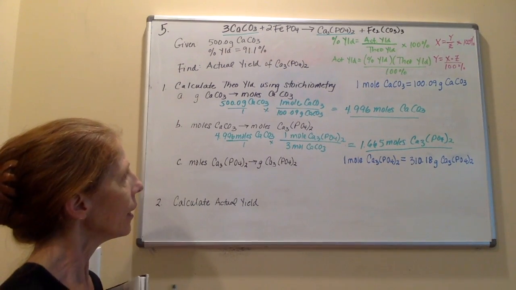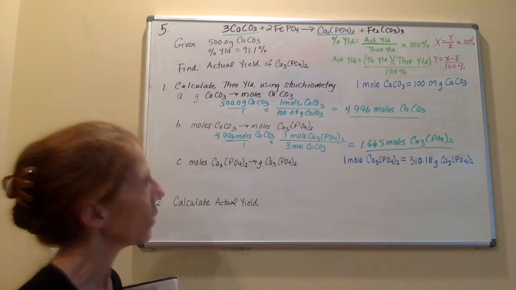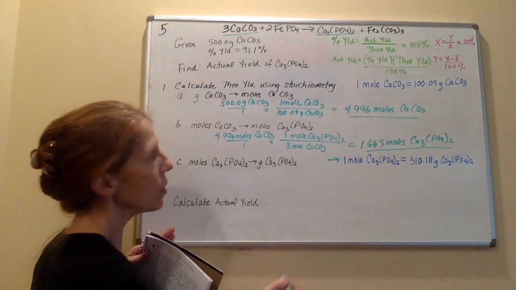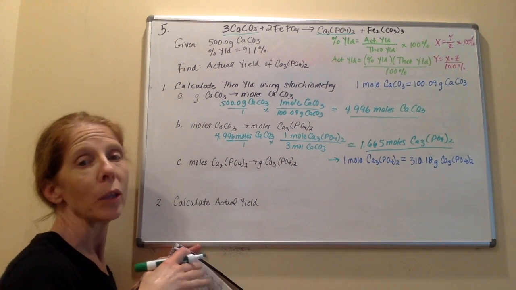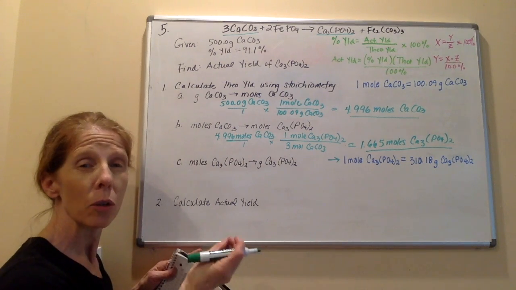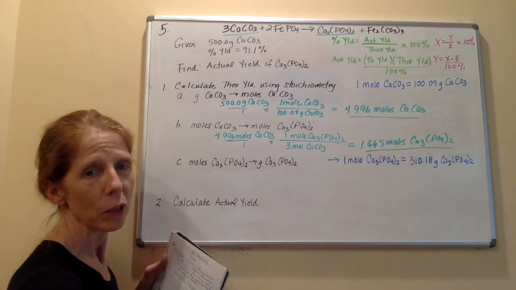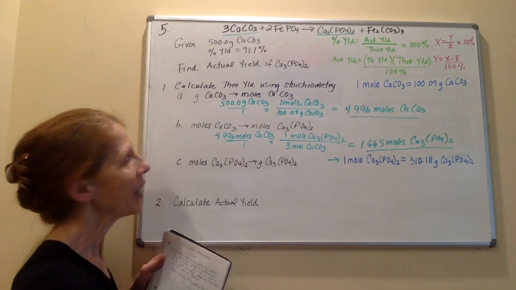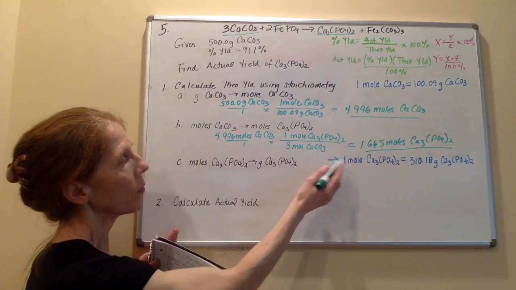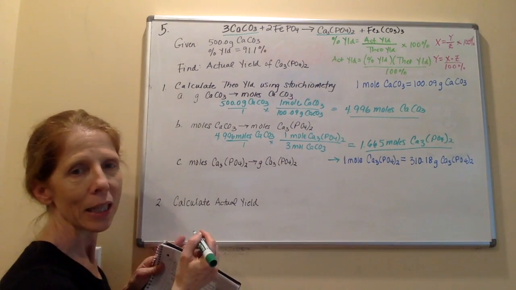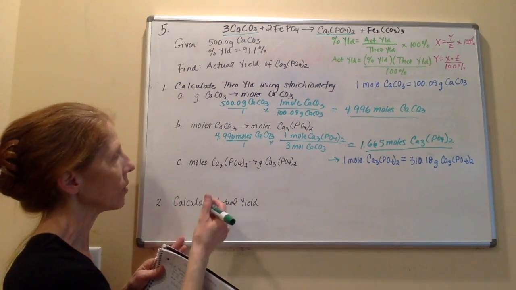And then, if I have moles of calcium phosphate, I can easily use the molar mass, which I have written down here, which hopefully you'll be able to do very easily now. If that's still a struggle for you, and you're not sure how I got a molar mass of calcium phosphate, you certainly need to reach out to me and let me know. I know that 1 mole of calcium phosphate is 310 grams, but I don't have 1 mole. I have 1.665 moles, so how much does that translate into?